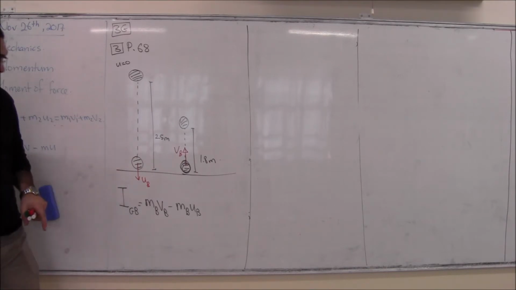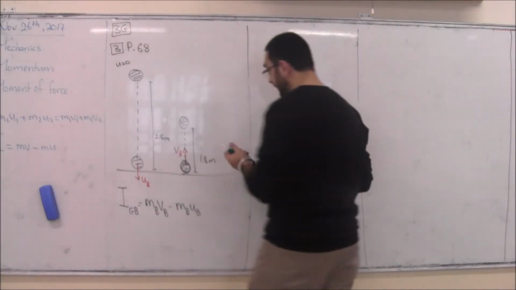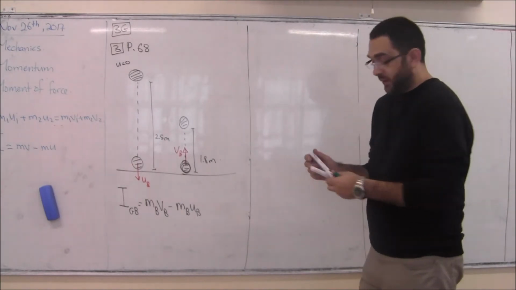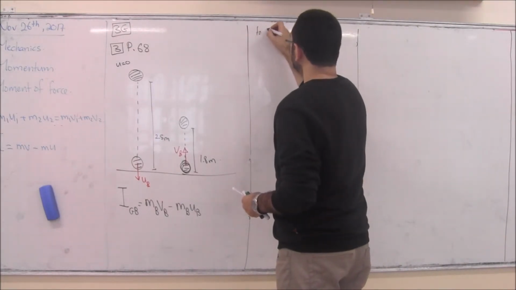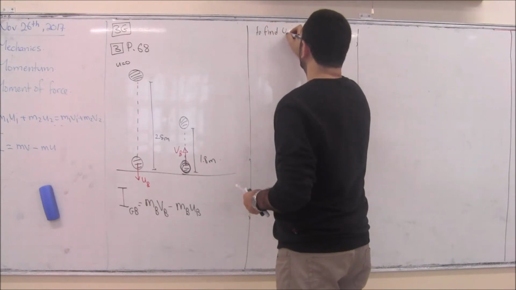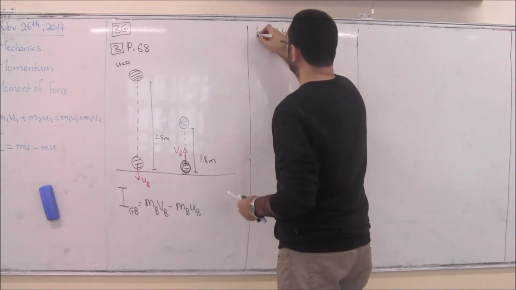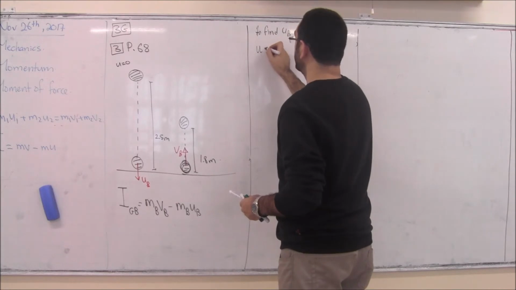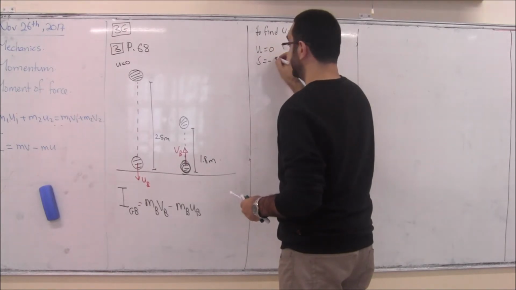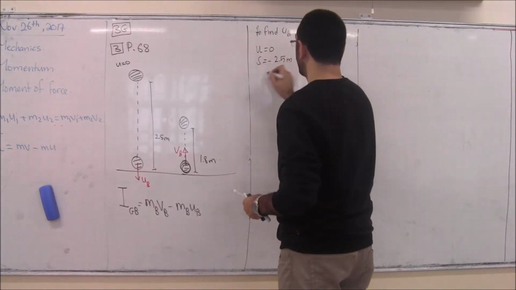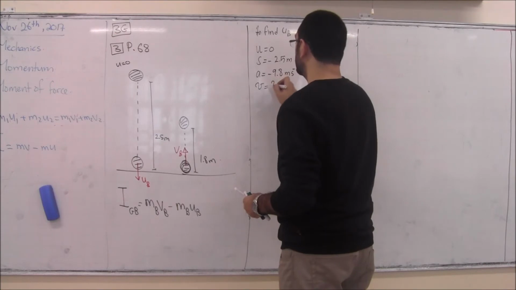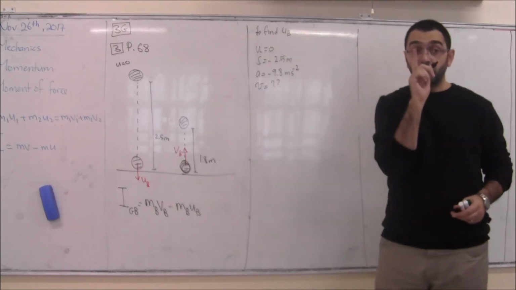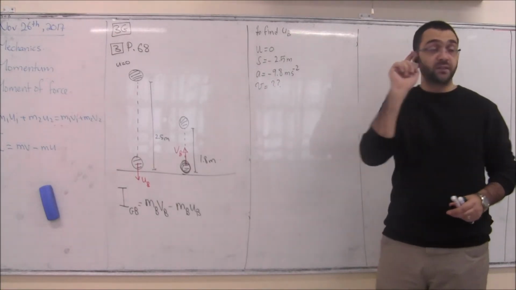How can I find U_B? I have to use equations of motion. U is 0, S is negative 2.5 meters, A is minus 9.8 meters per second squared, and we need V. Be careful, guys: free fall.